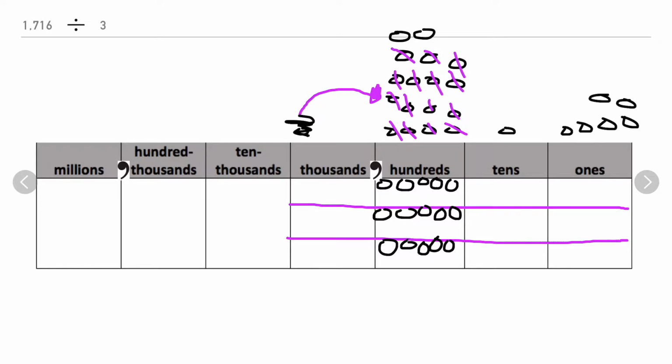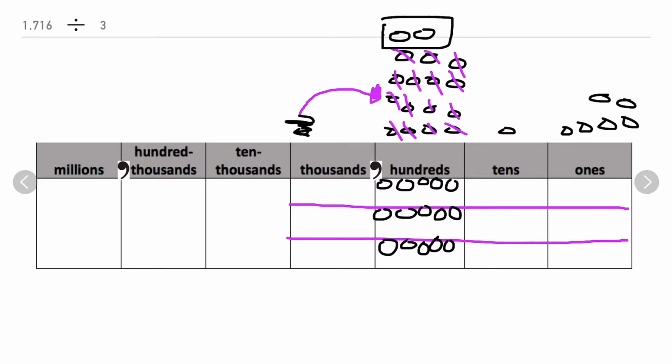And I just ran into an error, you guys. Because I have 2 hundreds left over, but I have 3 groups that I need to distribute my hundreds into. So I'm going to need to do the same thing I did for my thousands. I'm going to need to unbundle. Hundreds is blank times as many as tens. That's right.